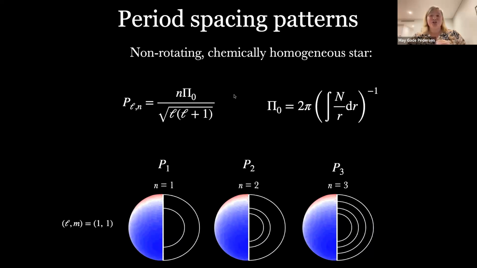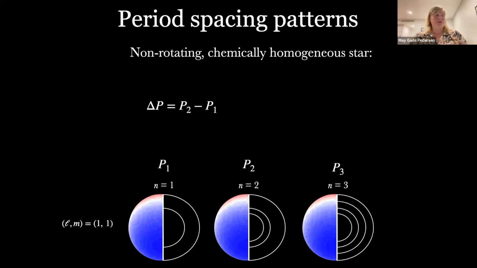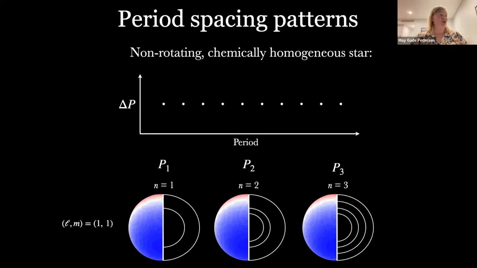So in the case of a non-rotating, chemically homogeneous star, if we calculate the period difference between our oscillations P2 and P1, then that difference is going to be roughly the same as between our oscillations P3 and P2, and so forth. So if we take these period differences and plot them as a function of period, that gives us the period spacing pattern.